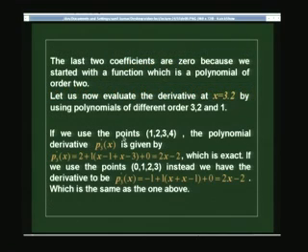So what we just did was take the x values x1, x2, x3 and x4, construct that polynomial, and find the derivative to be 2x minus 2. We can do exactly the same for 0, 1, 2 and 3, and we would get exactly the same derivative, 2x minus 2.